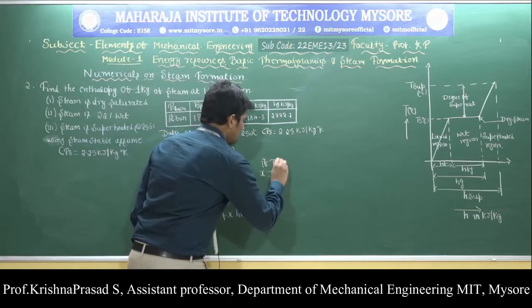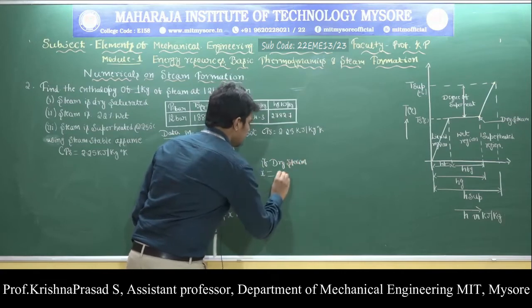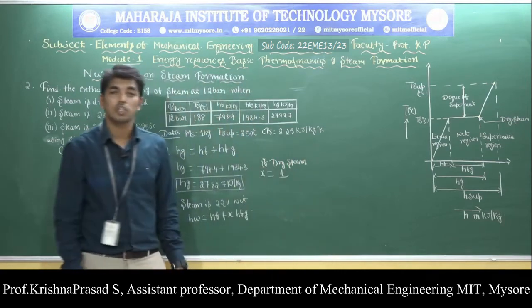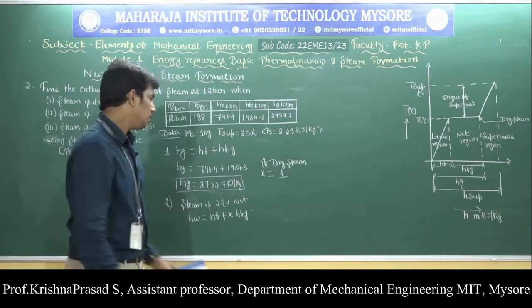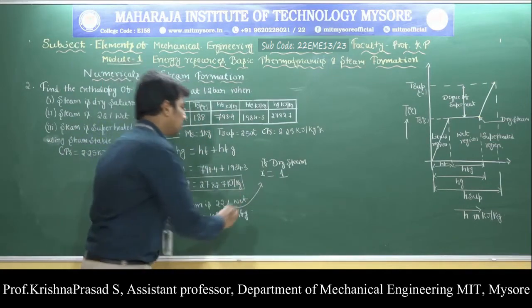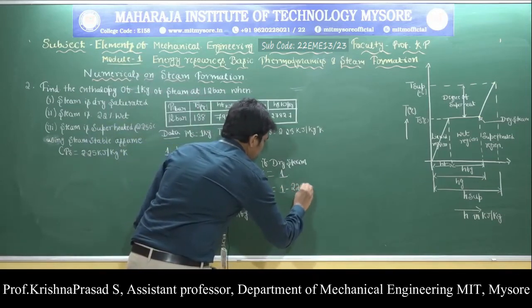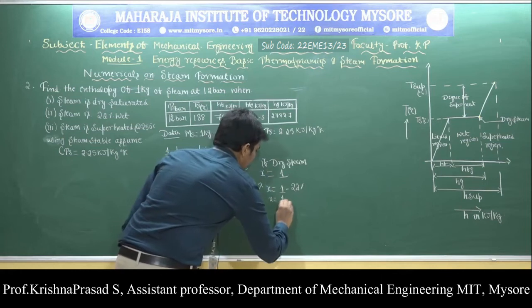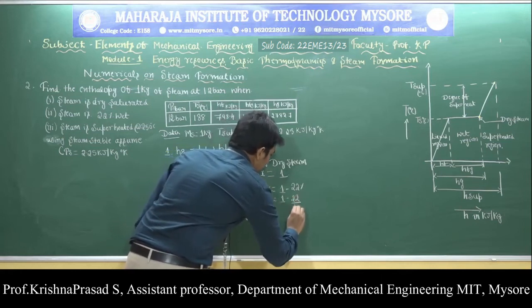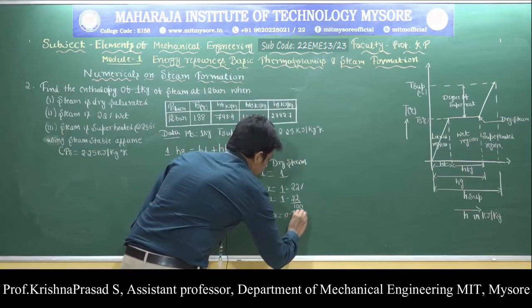If the steam is dry steam, then the dryness fraction is equal to 1. But here they mention the steam is 22% wet, so the dryness fraction is 1 minus 22 by 100, that is x equal to 0.78.